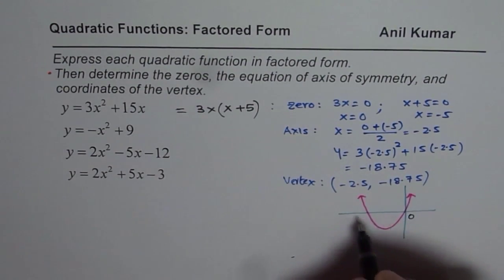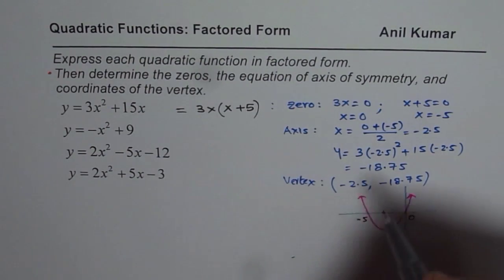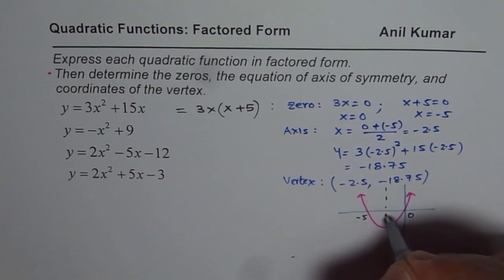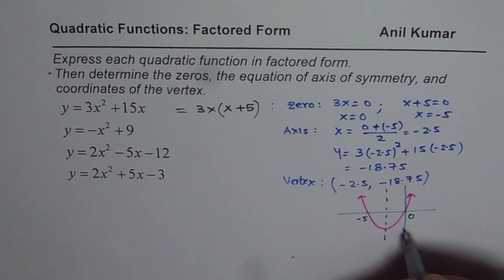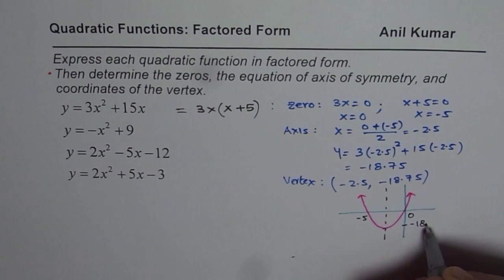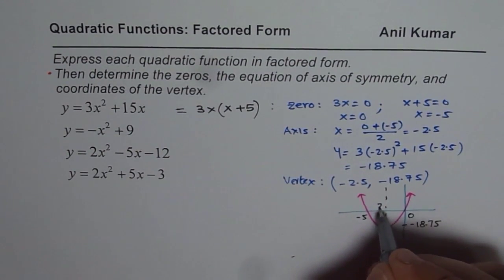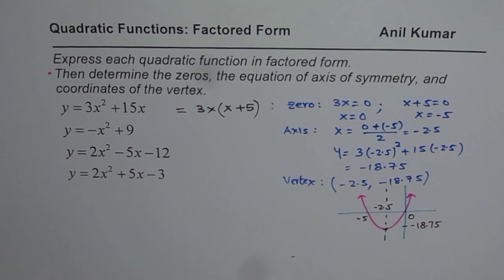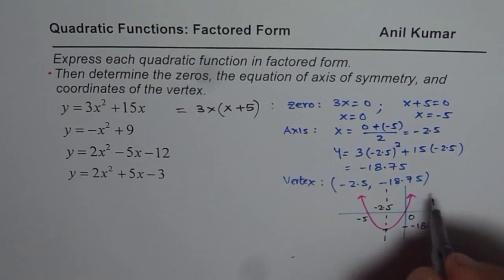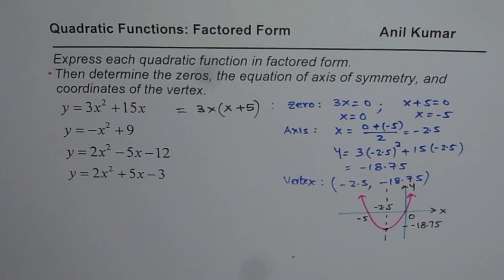One is at 0, the other one is at minus 5. The axis for this parabola will be at minus 2.5, so that is the axis. And this value here for the minimum will be minus 18.75. So you could sketch this parabola on graph paper. It will look something like this, where this is the y-axis and that is the x-axis.